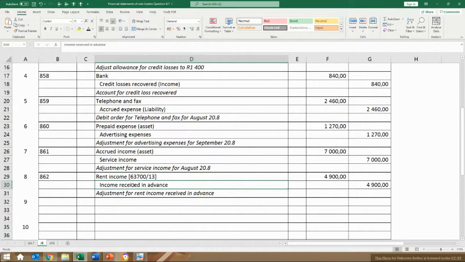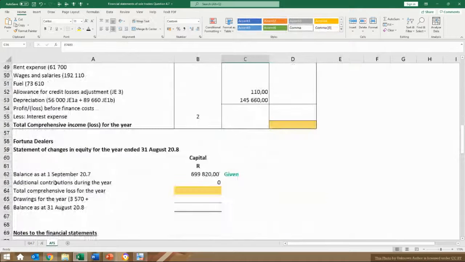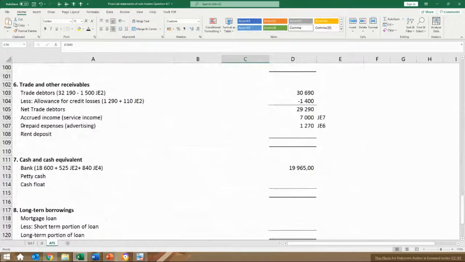Then we credit income received in advance, and we said this is a liability account, so we credit that with 4,900. Because income received in advance is a current liability, it means it will happen within the next 12 months. We also include that under your trade and other payables.